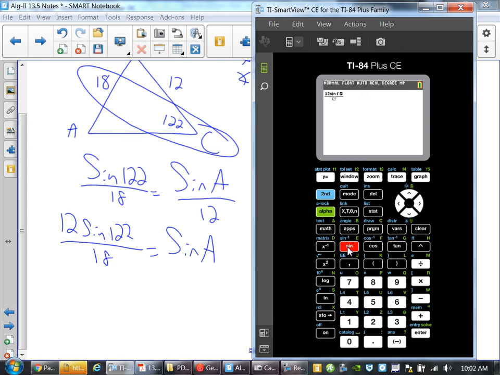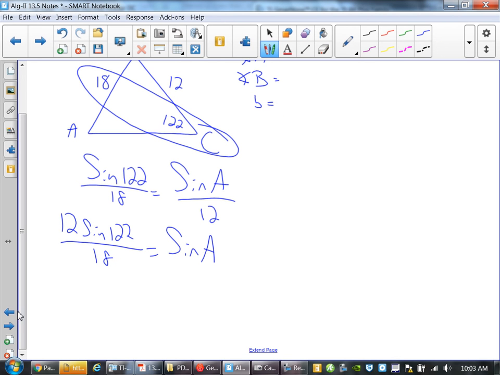12 sine 122 over 18 equals some crummy number. That crummy number equals the sine of A. Do you guys remember the keystrokes you have to press to find A? Nope. What was it? Second sine, very good. Remember, in order to find the A value here, we're going to get some crummy number, so what we do is take the inverse sine of that number to get A, because to undo a sine, you inverse it.